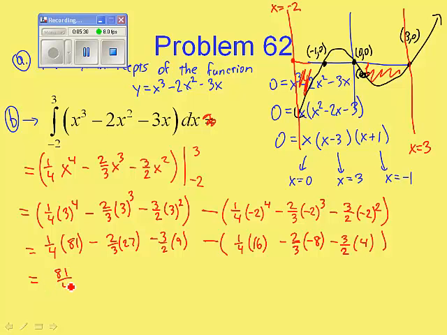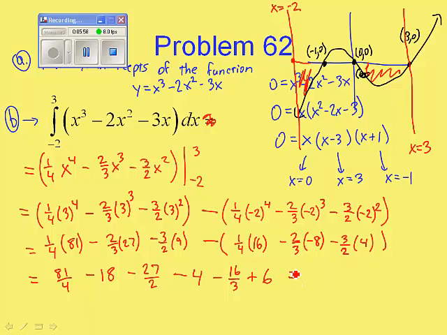Okay, so I get 81/4 minus 18 minus 27/2. Now, -4, and then minus, minus, minus. That's another negative. So minus 16/3 minus a -6. So that's +6. Wow. Work that out.